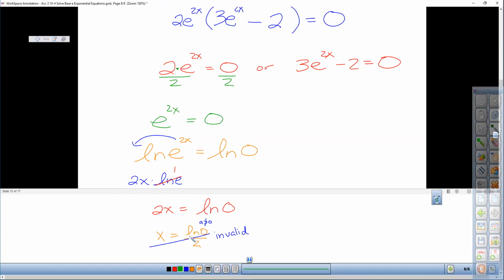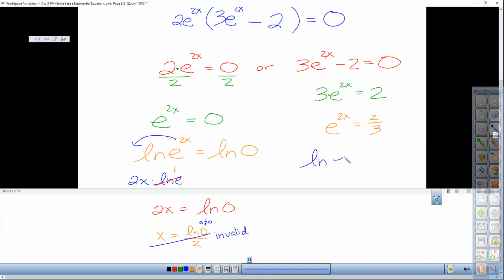Moving to the second one, we have to first undo the subtraction. So we get 3e to the 2x equals 2. Then we have to recognize we have to undo this multiplication. So dividing by 3 gives us e to the 2x equals 2/3. Now we have a power equals a power structure, so we can take our natural logarithm of both sides.